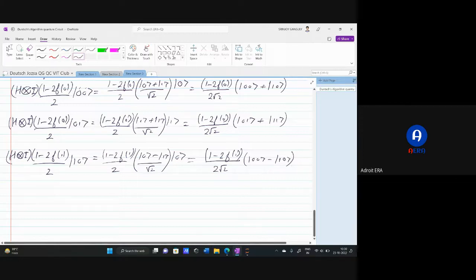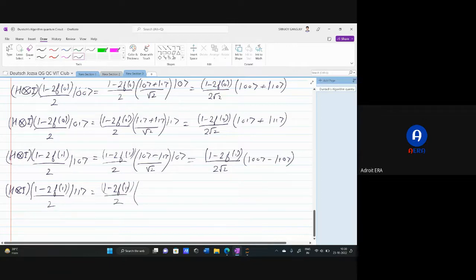And similarly, the last one will be Hadamard tensored I applied to (1 − 2f(1))/2, and then we have the state |1⟩|1⟩ this time. So again we will have (1 − 2f(1))/2.